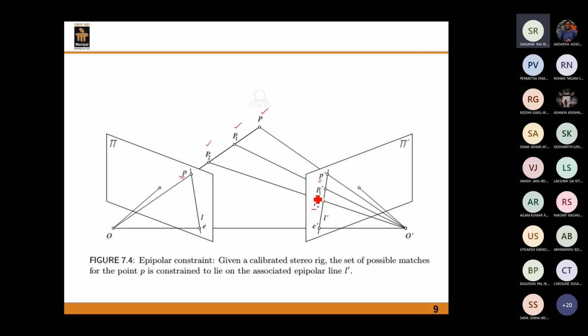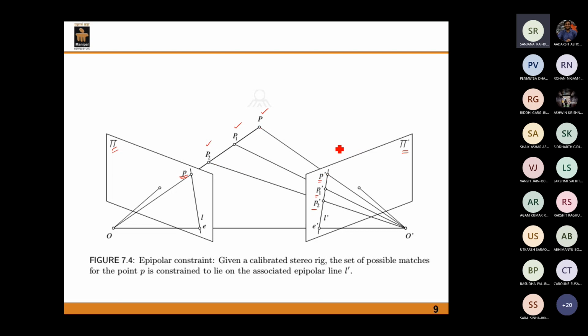Each of these is the image point corresponding to P, P1, and P2 on the image plane pi dash. If you consider the image plane pi, the image points for the point capital P, P1, and P2 are the same. That means it would be P itself, so P is the image point corresponding to P2, P1, and P.